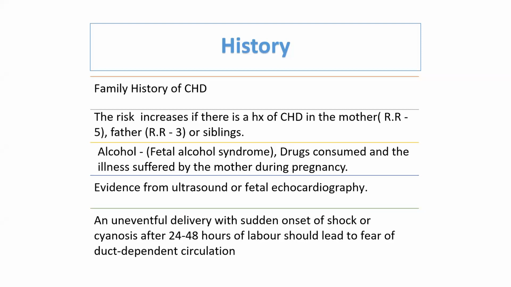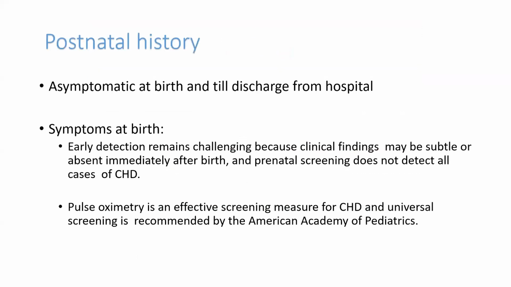picking it out early. And as I said, an uneventful delivery from history, then cyanosis or systemic circulation impairment soon after the duct has closed will be a major finding in history taking.